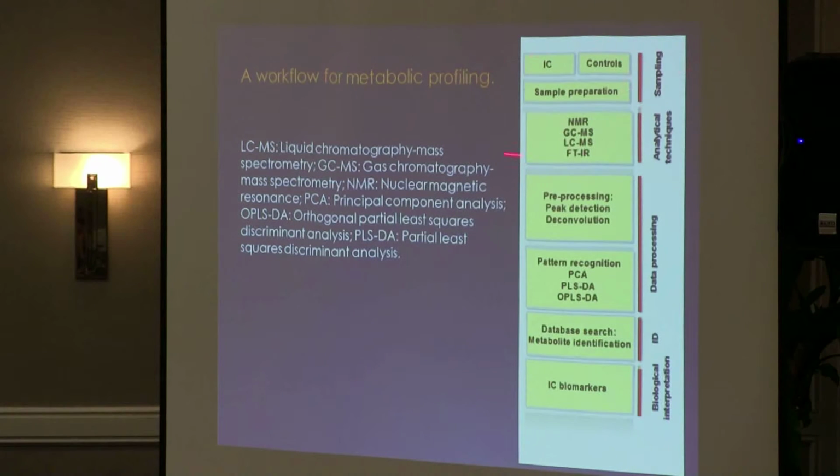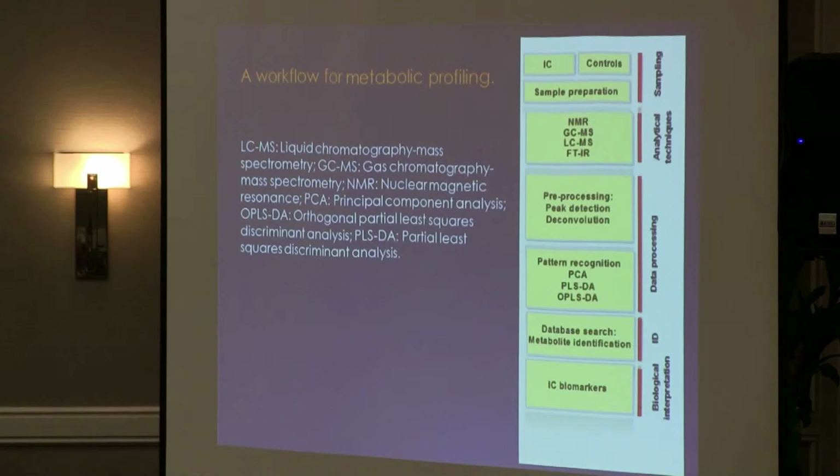So to simplify all the procedures, for example, in my case, I'm interested in getting the signature to stratify interstitial cystitis patients from the healthy controls. So we got urine samples from two groups, the IC patient group and the control group, and we do the sample preparation.